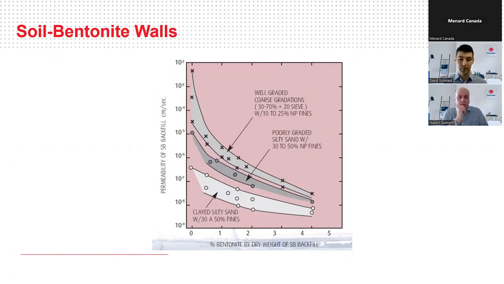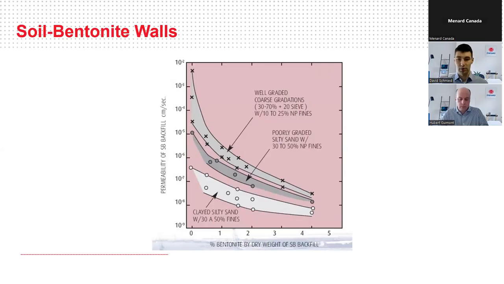And if you're using really fine, stiff clay, getting the mixing energy to adequately mix that clay in with the bentonite may be problematic also. So depending on your situation, occasionally you may have to bring in additional material to mix with the bentonite, whether it's substituting a little bit of material or completely substituting brand new soil for the soil bentonite wall.